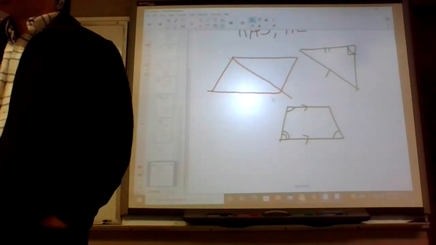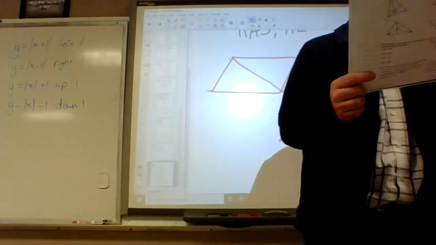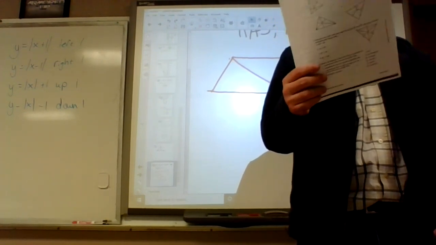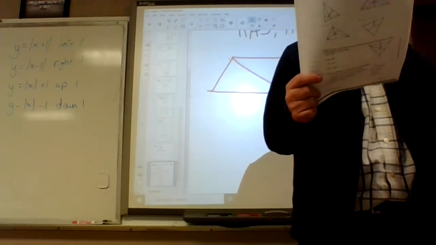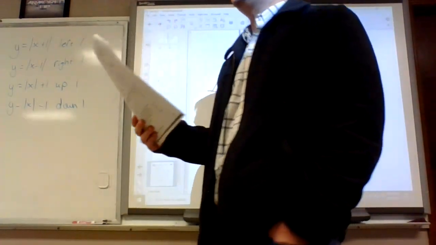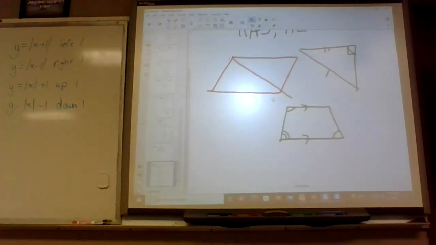Okay, B, do we know that B is a parallelogram? No. We know one pair of opposite sides is congruent, not two pairs. On A, we need both pairs.